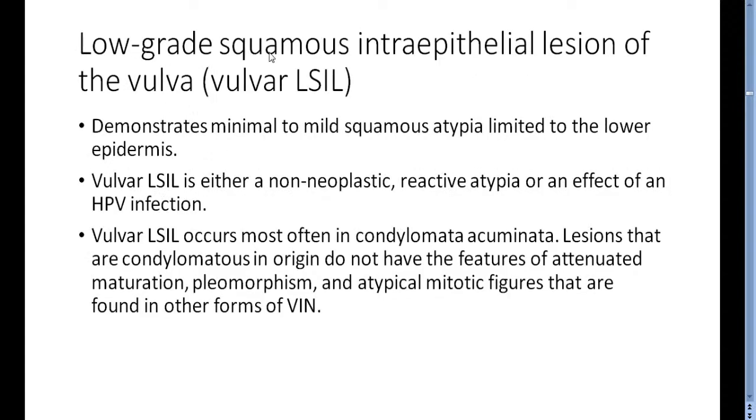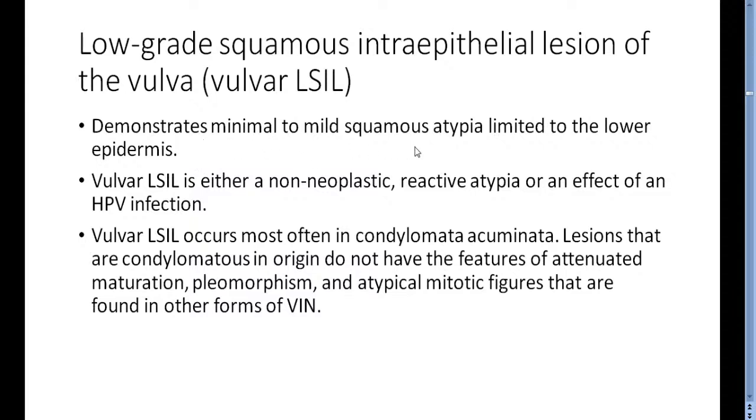So low-grade squamous intraepithelial lesion of the vulva means that pathology, abnormal cells with some atypia, are located within the epithelium. And in case of low-grade pathology, these atypical cells are not prominent, but to some extent we can see them on the pathology report.